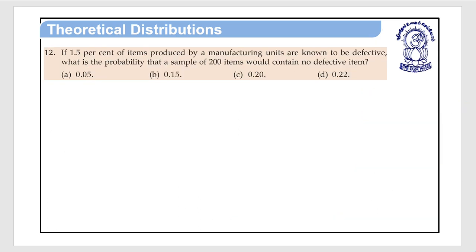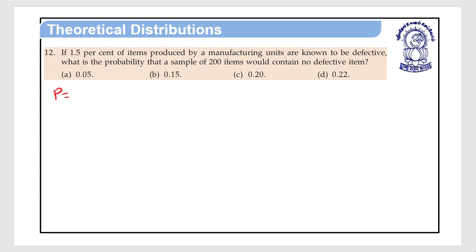Now move to question number 12. If 1.5% of items produced by a manufacturing unit are known to be defective, what is the probability that a sample of 200 items would contain no defective items?